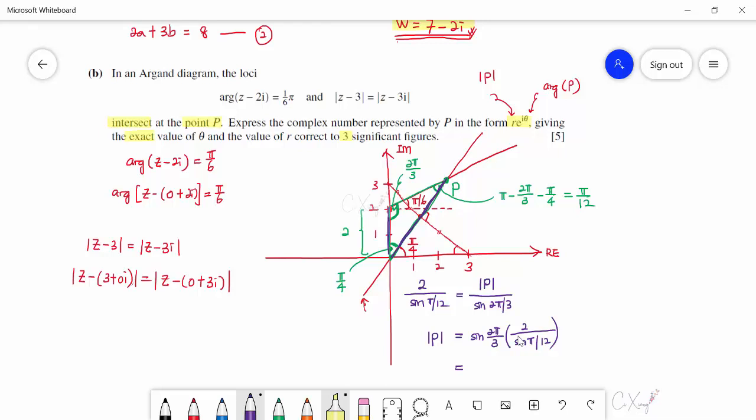Let me calculate it out. It will be around 6.69213043. Of course you need to change it to 3 significant figures, so it will be 6.69. So this is actually the modulus of P, which is also the R.